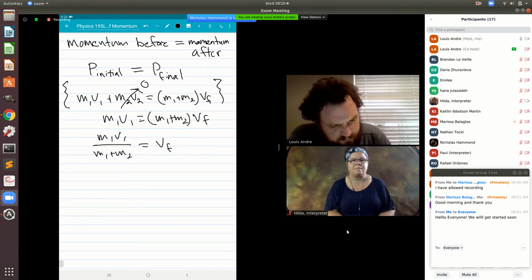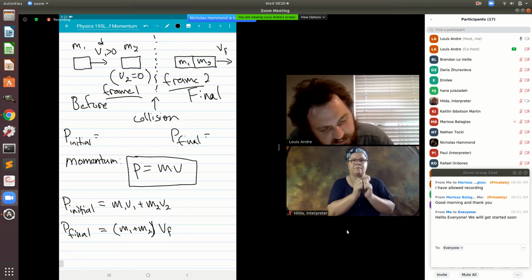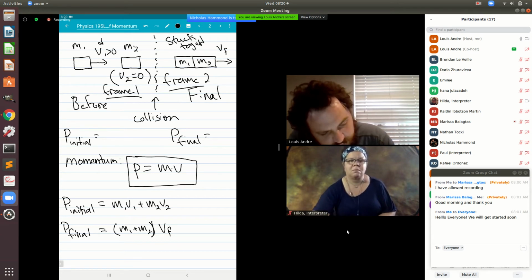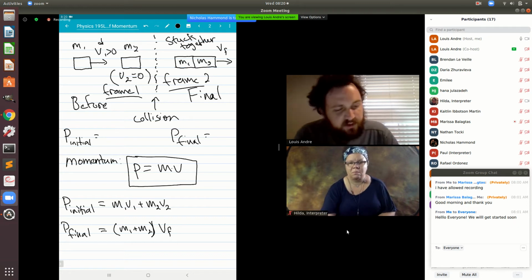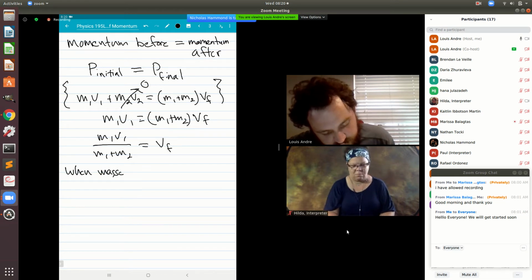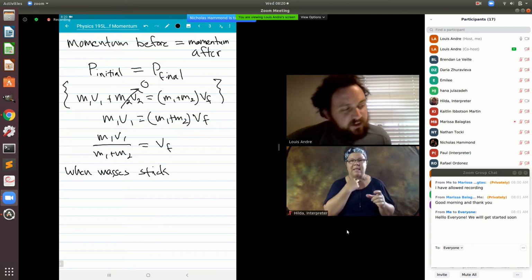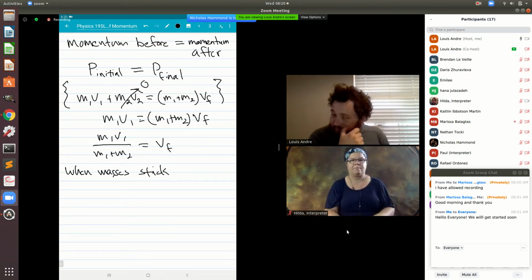Let's see, so I could do one more. This type of problem here, though, where they stuck together. Mass M1 and M2 stuck together. So when the masses stick, something had to happen for these masses to stick together.